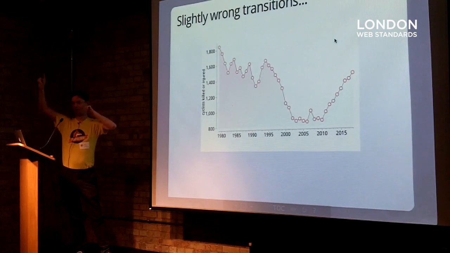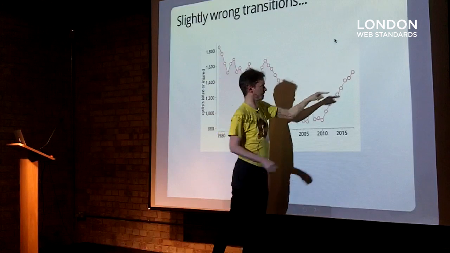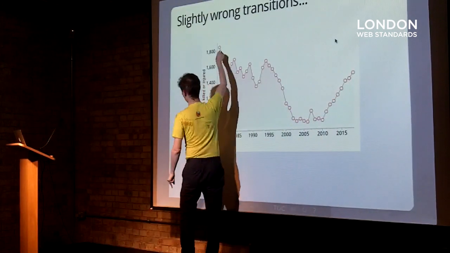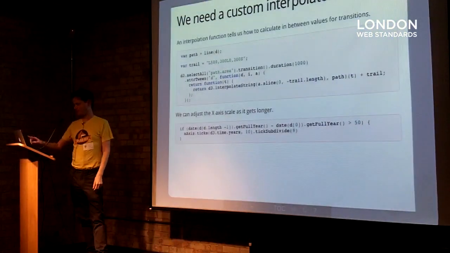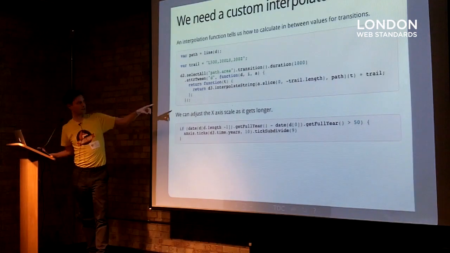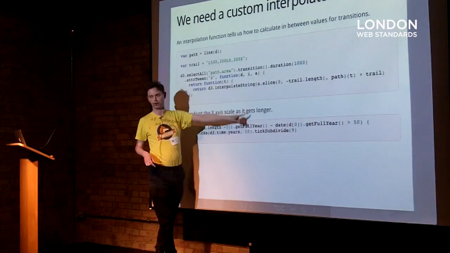But because we had the extra bit in the path that closed the path, which is the same line, and then we join it round there, it doesn't quite know how to interpolate that. So we just need to make a little custom interpolation that basically takes this closing bit off and then sticks it back on.